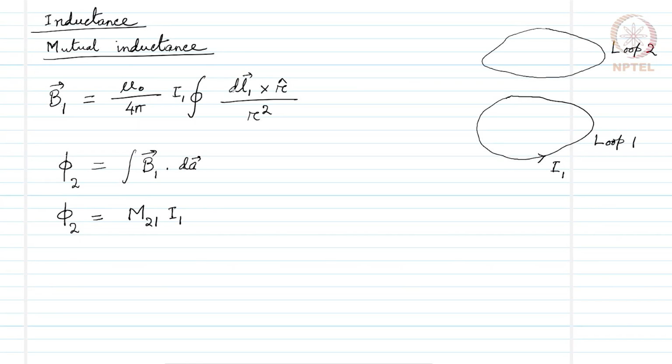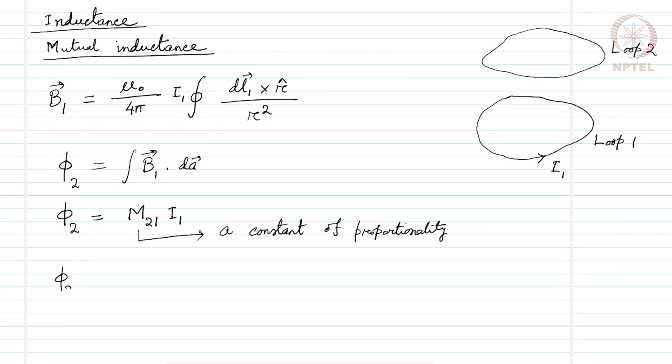Everything else that we have in this integral over the area element, all these things are constants of geometry. So, M21 can be given as a constant of proportionality. And the flux in loop 2 is proportional to the current in loop 1.